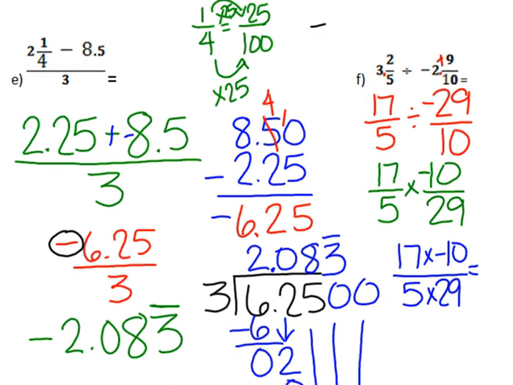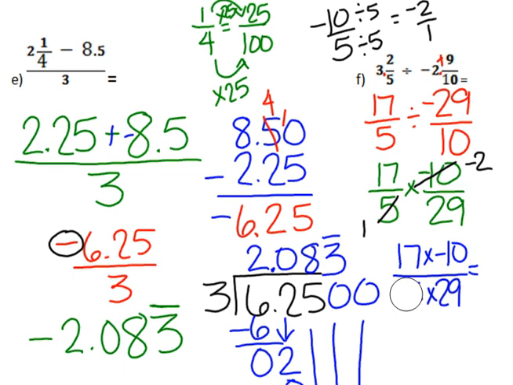So if we have the fraction negative 10/5, we could divide by 5 to get negative 2/1. So I'm going to replace negative 10/5 with negative 2/1, and that will make my multiplying much easier, because then I can do 1 times 29 and 17 times negative 2.